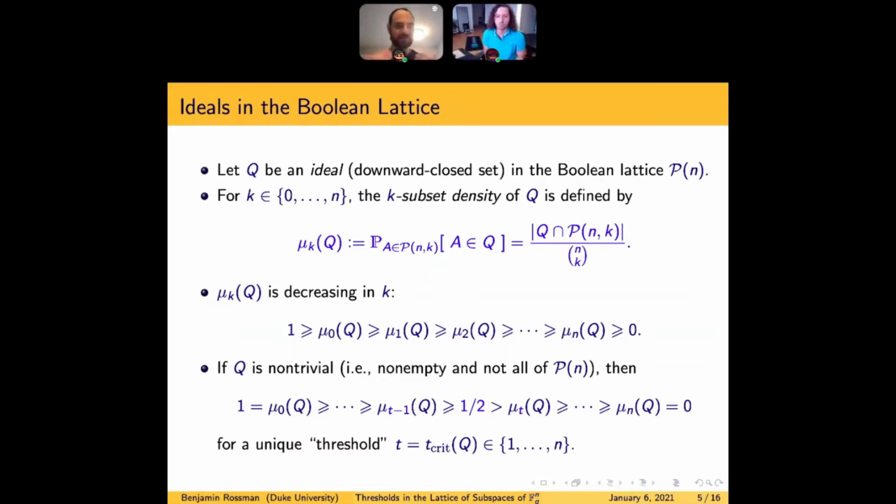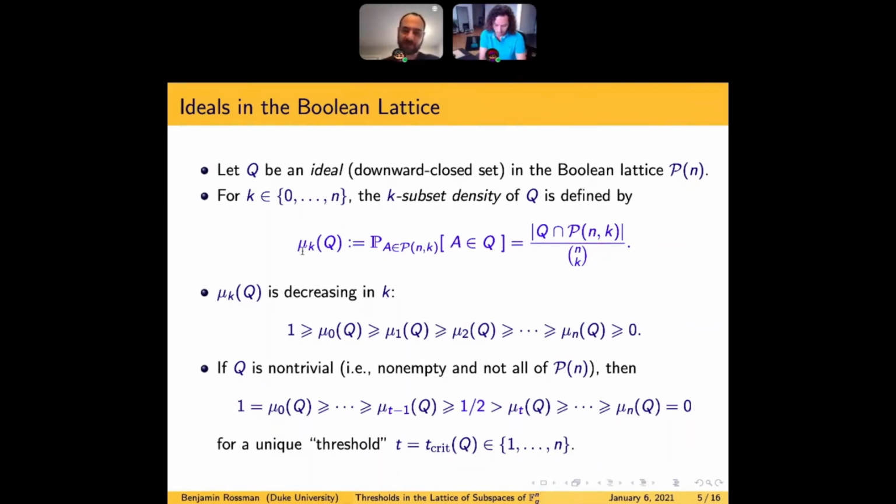Let me give some more definitions, first starting with the Boolean lattice. We're considering Q, which is any ideal, a downward closed set, or you can think of a monotone property in the Boolean lattice.